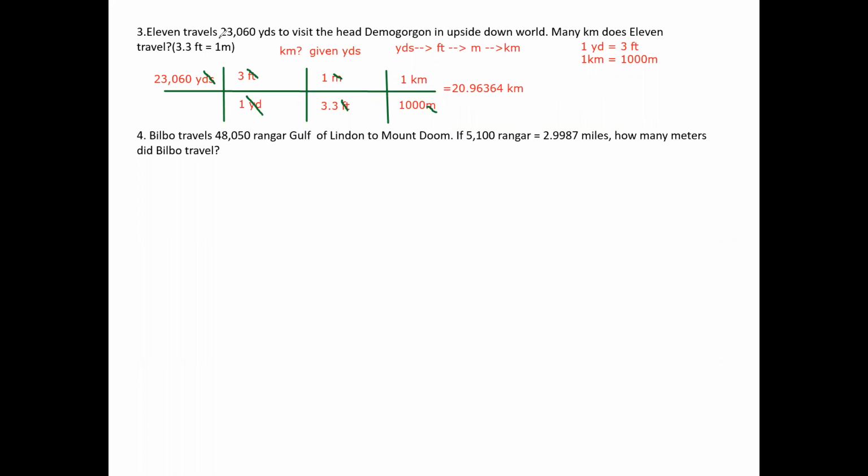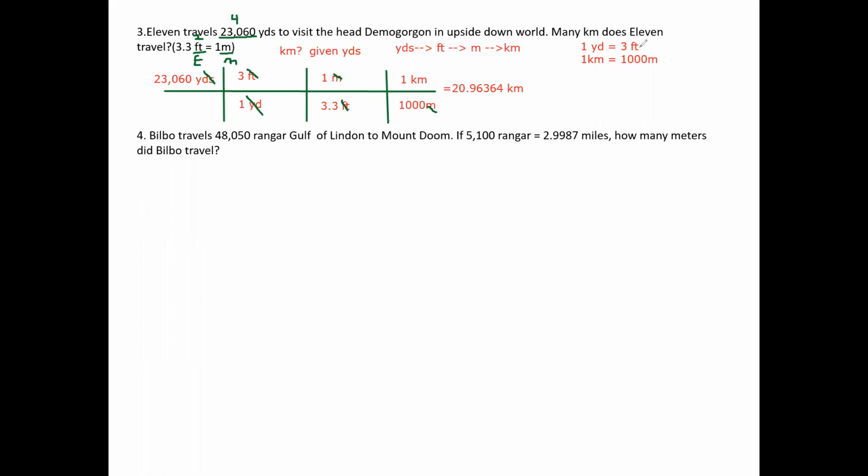So we look at our original number, 23,060. This has 4 significant figures because the trailing 0 here is not significant because there's no decimal point. 3 feet equals 1 meter. Feet is the English system. Meter is the metric system, so this is not exact. So this has 2 significant figures.